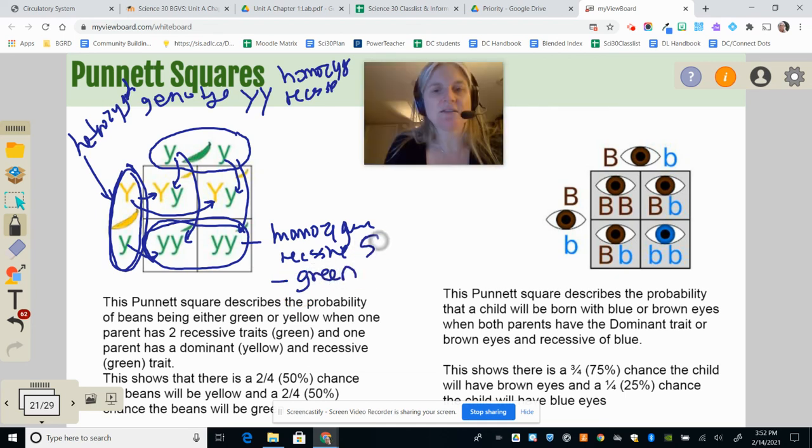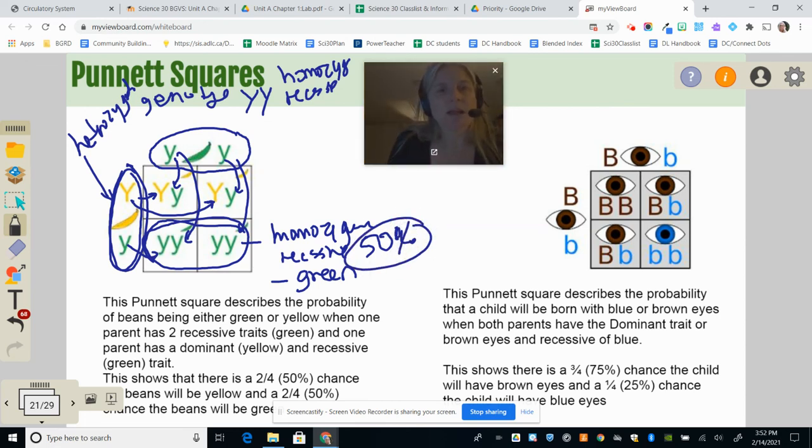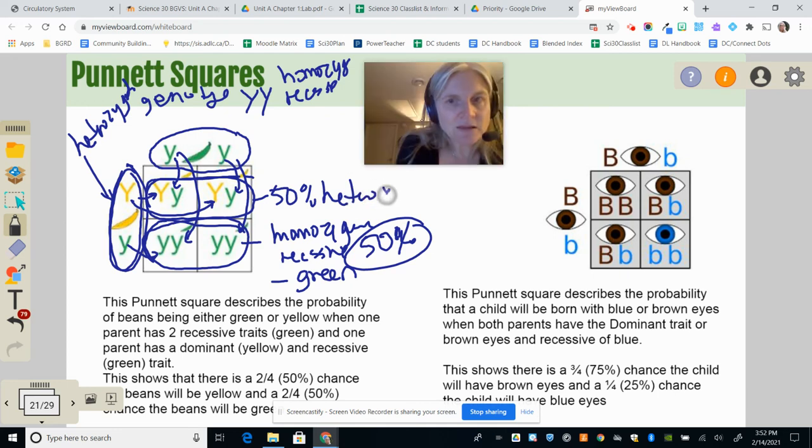So 50% of them are going to be like that. And the other 50%, because they're exactly the same, are heterozygous. And because they have one dominant allele, they are going to express that dominant allele, so they will be yellow pods.